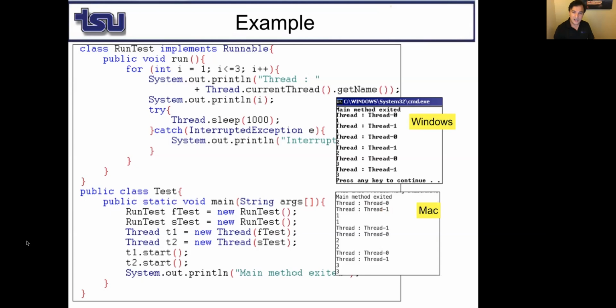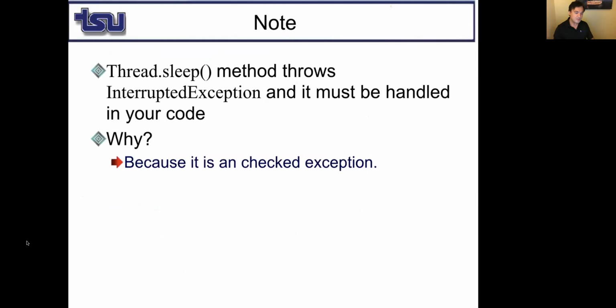And at that time, again due to time slicing, maybe Thread-0 will come back and continue and print 1. At that time it will stop, and the other one will come and print 1, and so on. So here, for example, Thread-0 comes before Thread-1. It all depends on the execution mode of the operating system in this case.